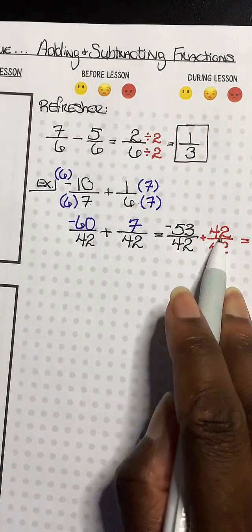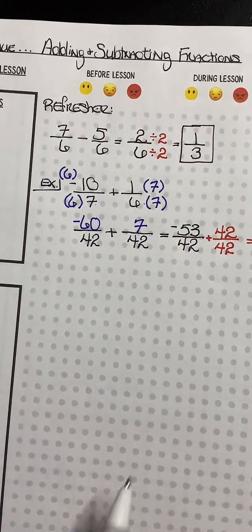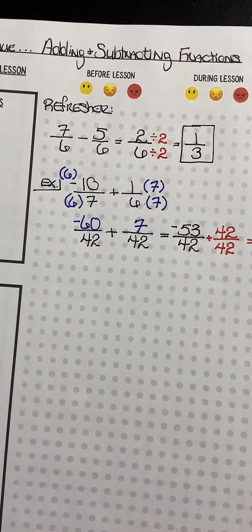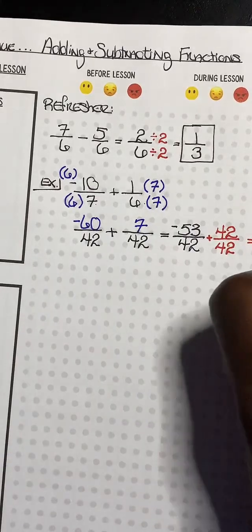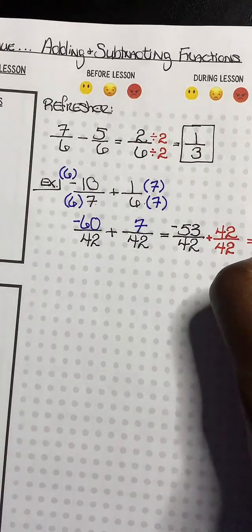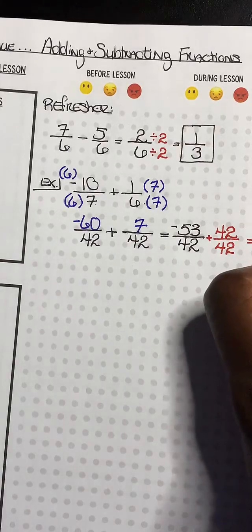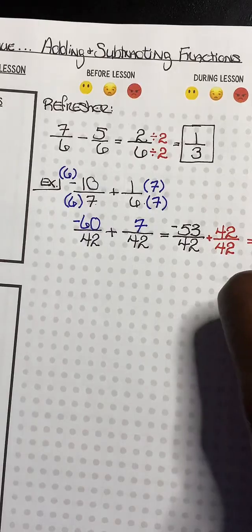But if I take that whole, it's the same as me saying 54 minus 42. 53, sorry. 53 minus 42, which gives me 11. So basically, I have one whole, then I have a remainder of 11 out of 42.